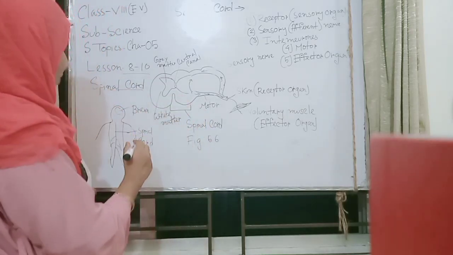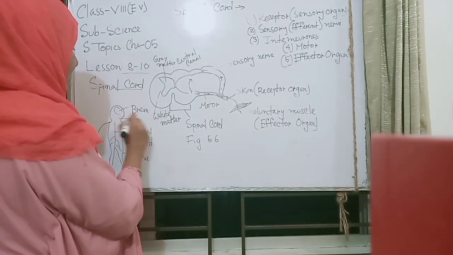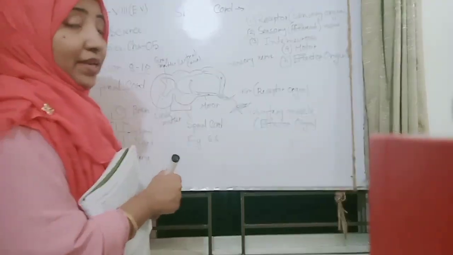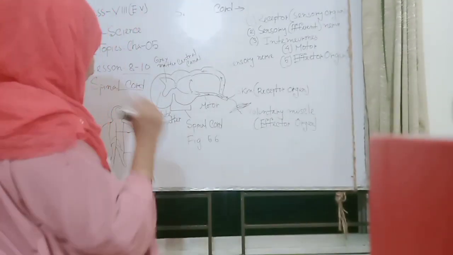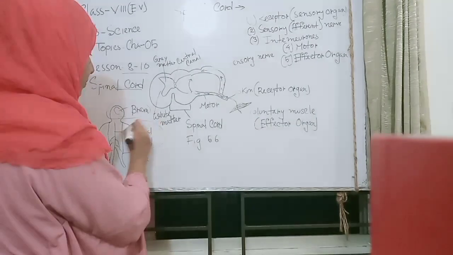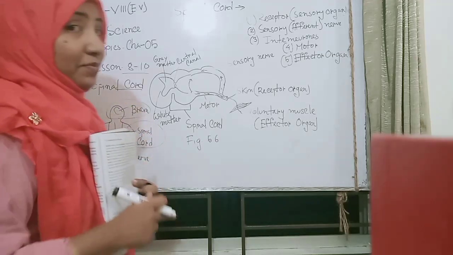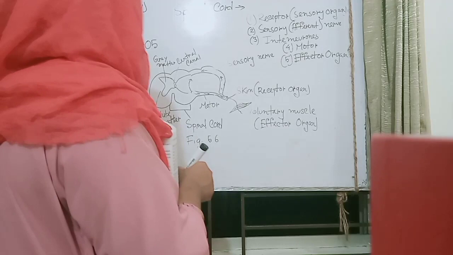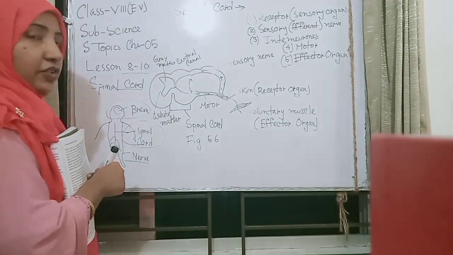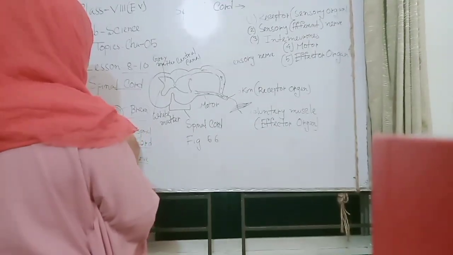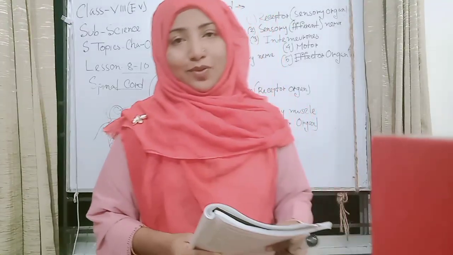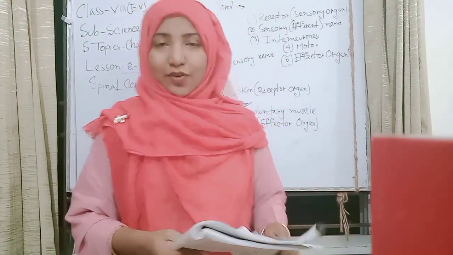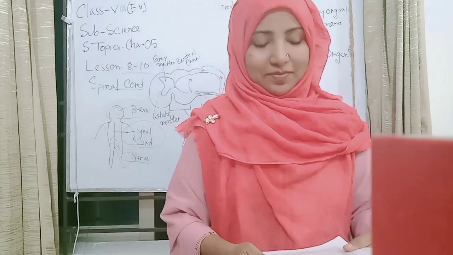The first structure is the brain, which is part of the central nervous system, and another structure is the spinal cord. The third is the nerve. The nerve and the spinal cord are also stated in the vertebral column. So please everyone open the books to the spinal cord, lesson 8 to 10.